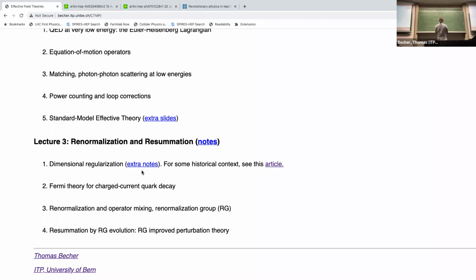With minus signs here, 3 over N_C times the matrix element of the operator, and it's 3 times the matrix element of the same.